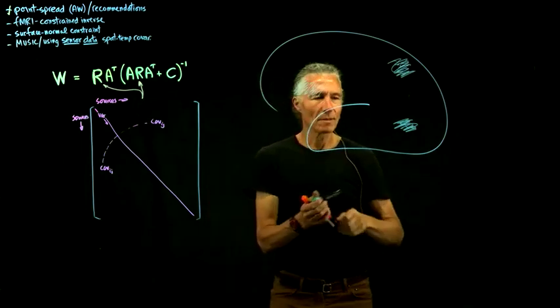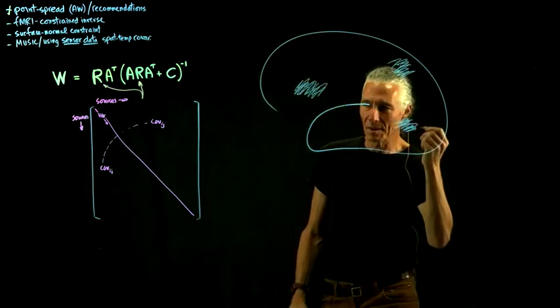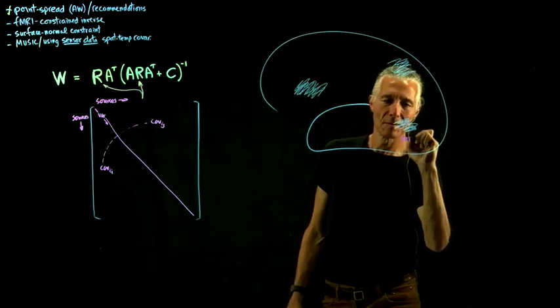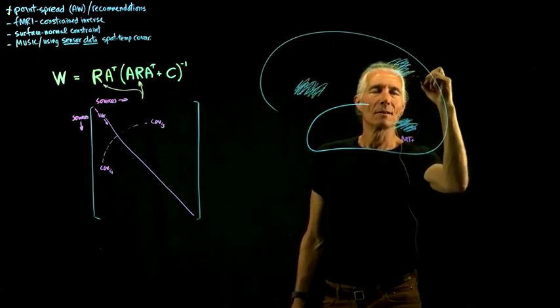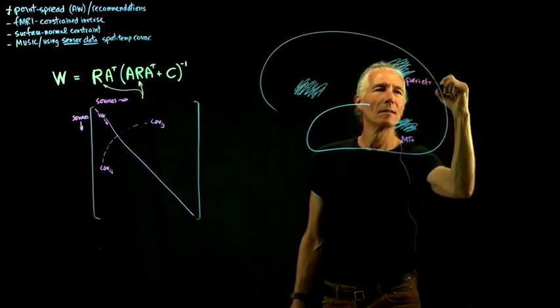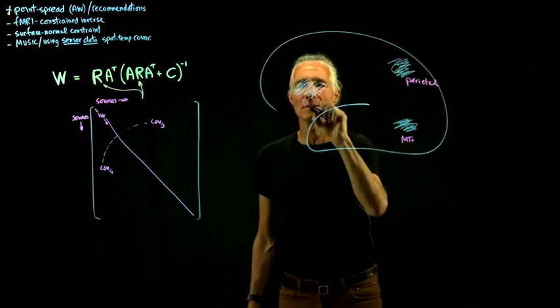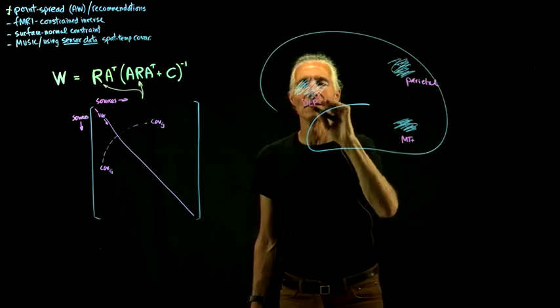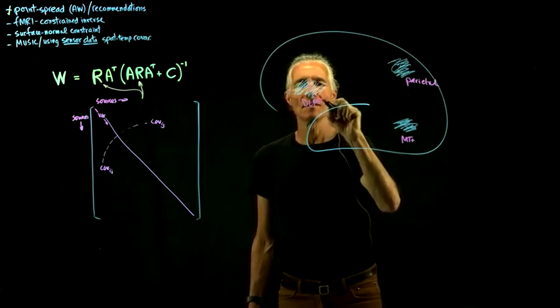That's something you typically get. So here's some stuff up in parietal, and here's some dorsolateral prefrontal cortex.